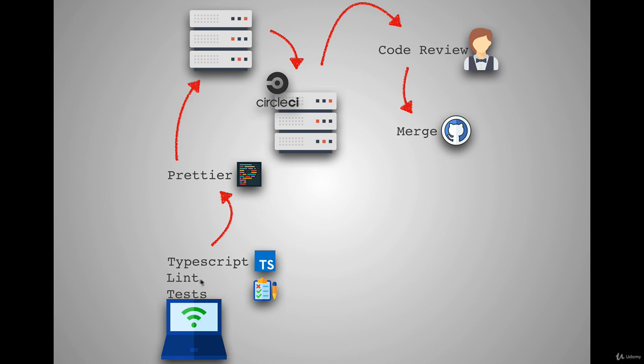One is that we now have tests, linting, maybe TypeScript, so we have static typing to avoid any errors. We run those on our computer as developers, locally as we're working on a feature. And then we perhaps put it through something like Prettier, which we'll talk about, that formats your code in a standard way. So despite having all these developers, all the code is going to look the same and it will be prettier. And that code goes up to GitHub.